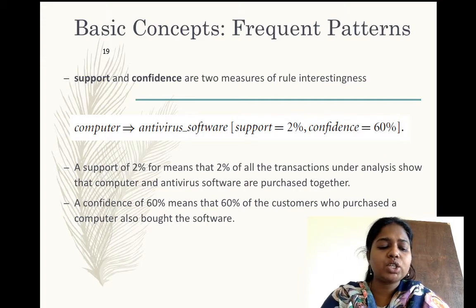And we can also define another value called confidence. Confidence is the measure of relative occurrence of these two events. So how much confidence do I have that the antivirus is also bought every time that the computer is bought?